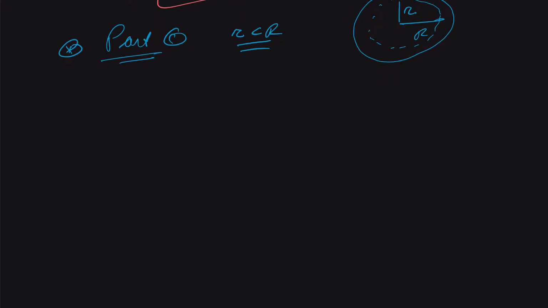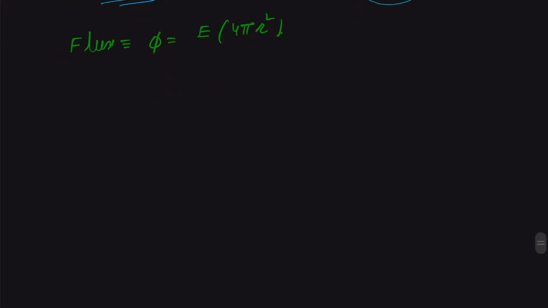And so once again our flux is equal to E times 4 pi r square, and the charge enclosed, that is Q enclosed, will be equal to the charge density times 4 by 3 pi r cube.